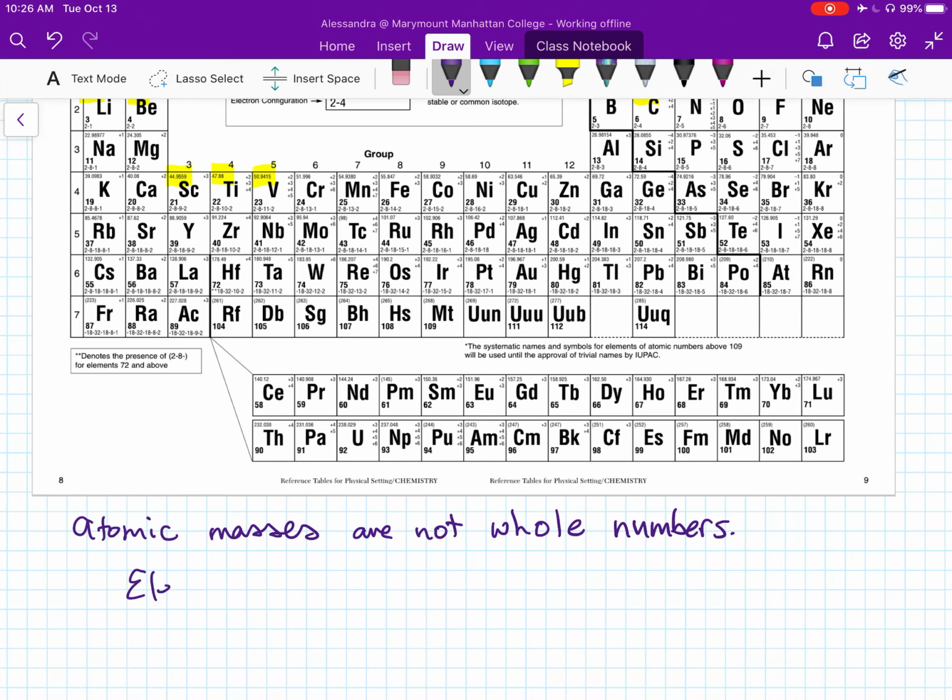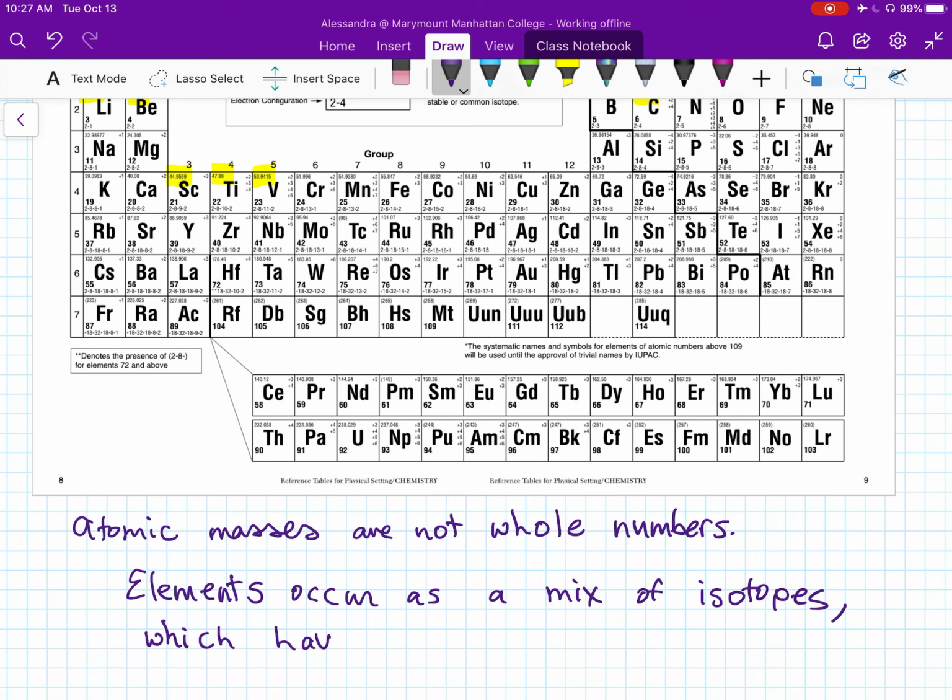Well, we know that elements occur in nature as different isotopes, right? And they occur as a mixture of different isotopes. The atomic masses on the periodic table are kind of a weighted average of all of those naturally occurring isotopes, okay?